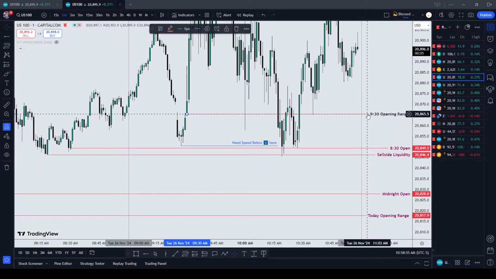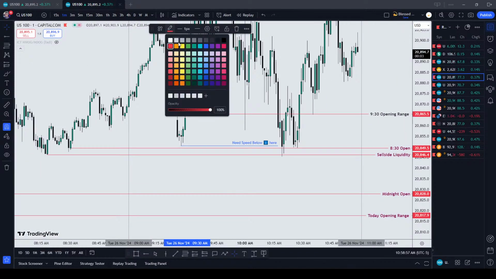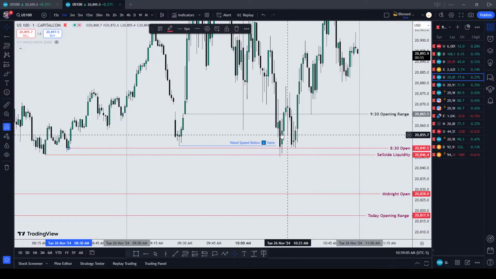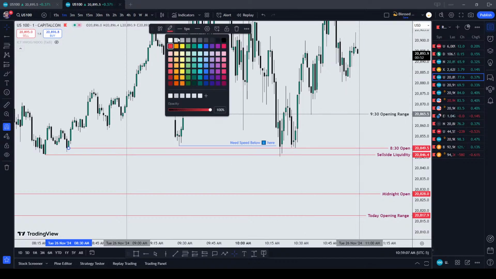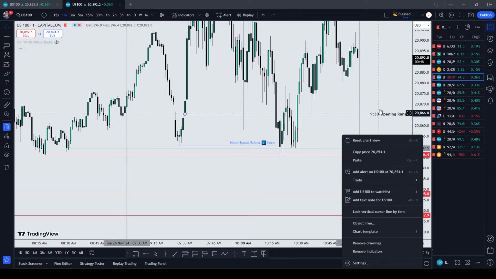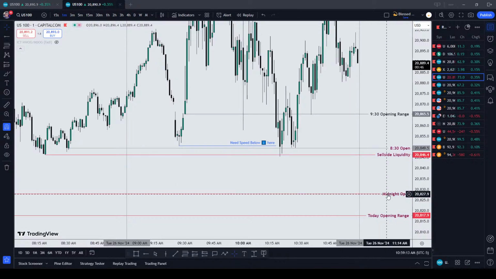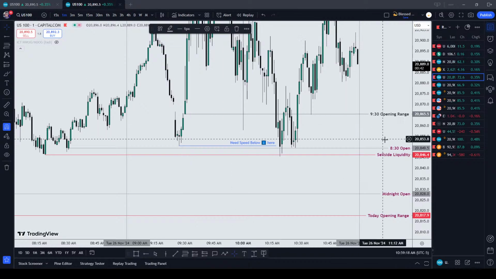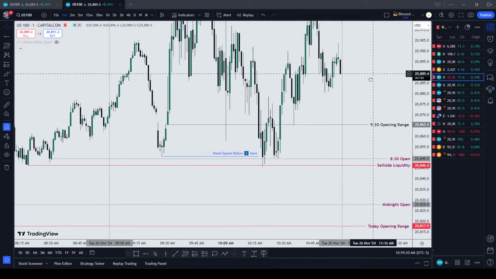Let's make all this brown a little bit lighter, those opening prices. Let's make them gray like that. Midnight open also gray.